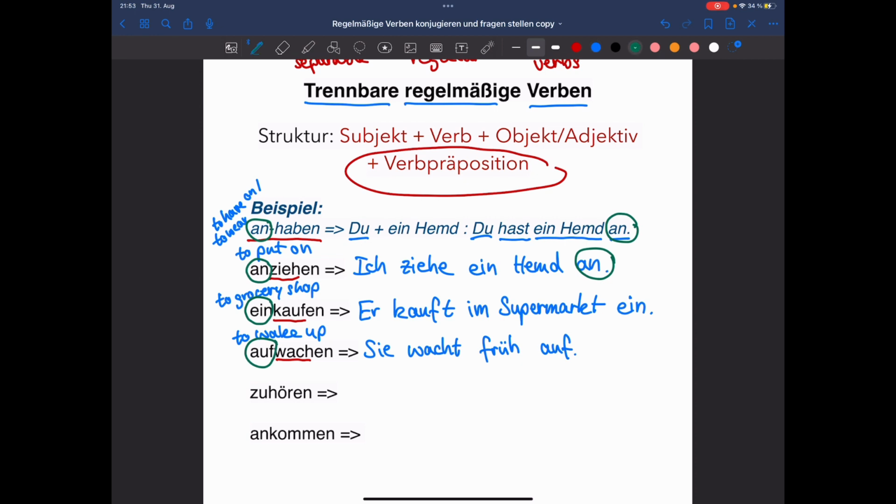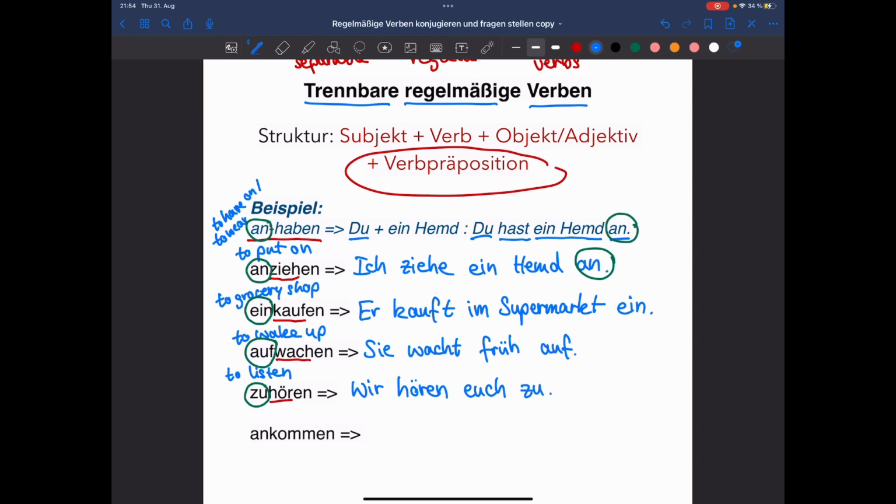Next verb is zuhören. Now let's use the verb preposition zu and the verb stem hör. We already talked about this verb before. I hope you remember. Hören means to hear, and zuhören means to listen. There's a slight difference in these words. So, let's use wir hören euch zu.